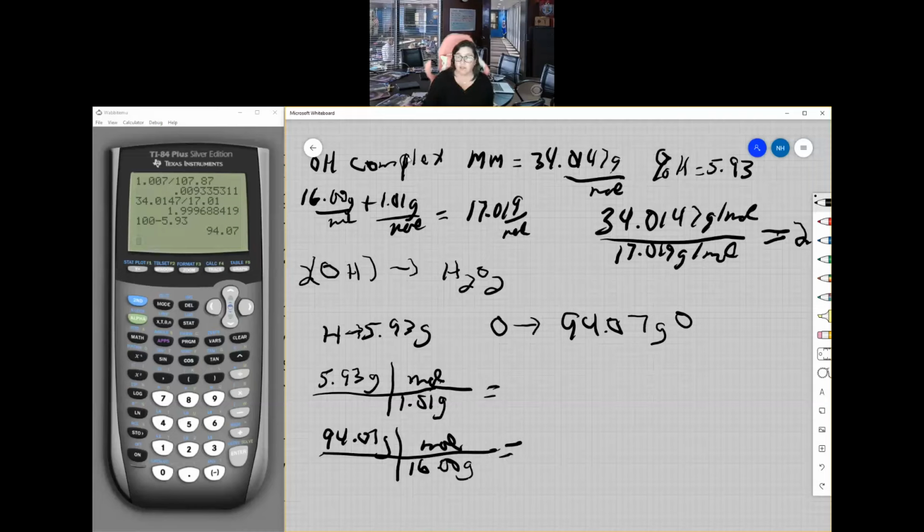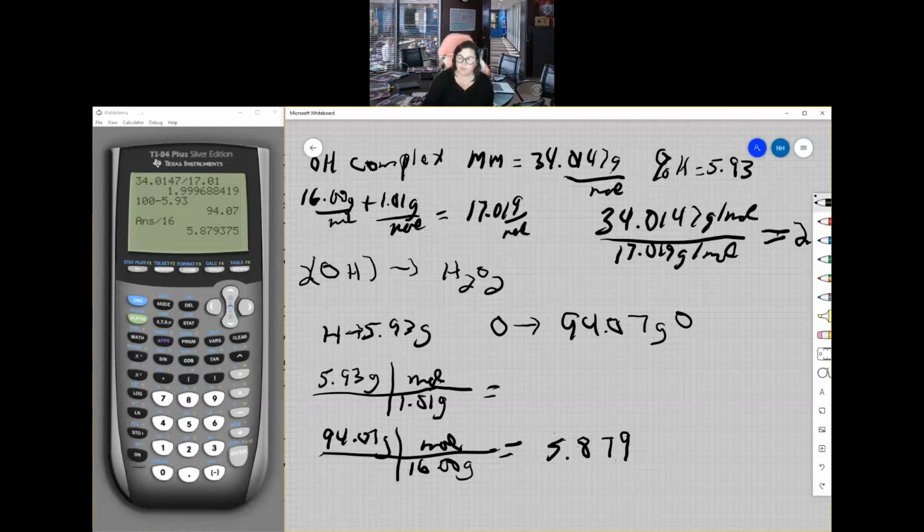Well, all right, I have the 94.07 here. Let's divide that by 16. And it gives me 5.87. And it's 4 sig figs, so it's 5.879.